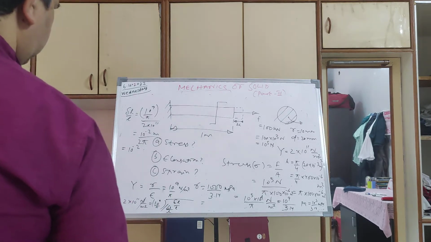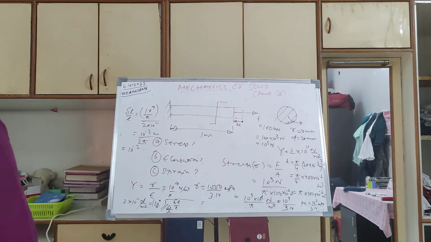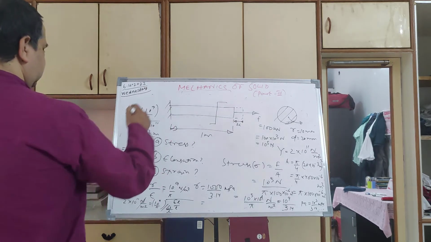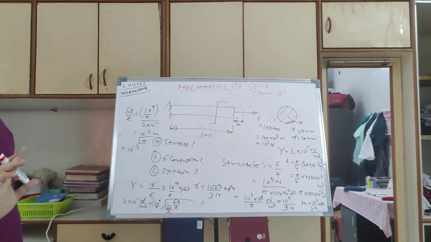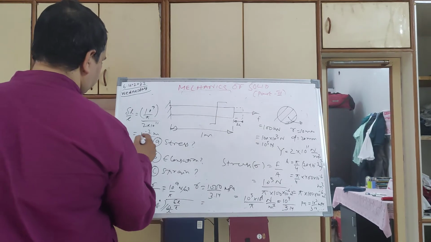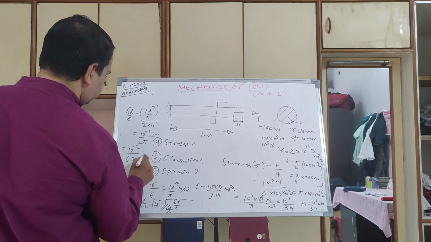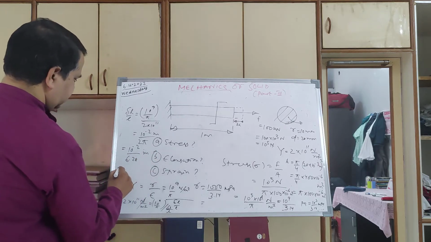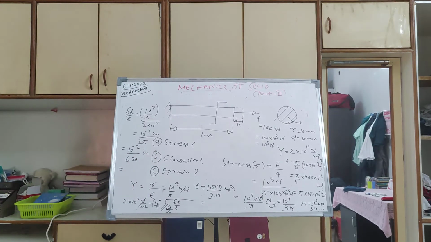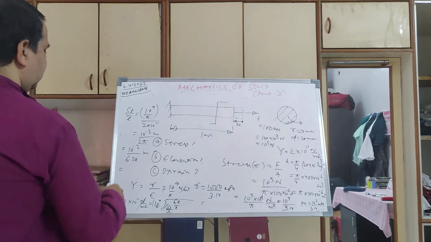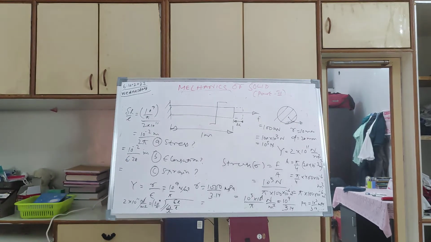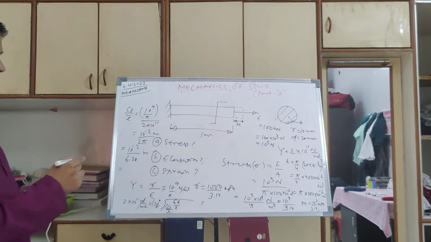So delta L by L is this, and L is 1, so delta L you just multiply by 1. So 10 to the power minus 2 divided by 6.28 meter, which is about 1 by 100 meter. 1 by 100 meter is 10 mm, or 1 centimeter.